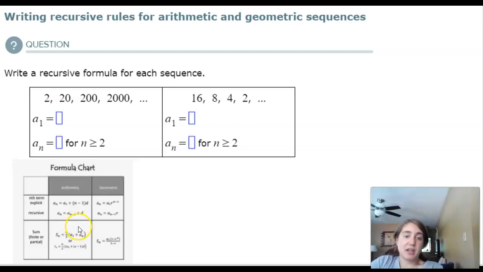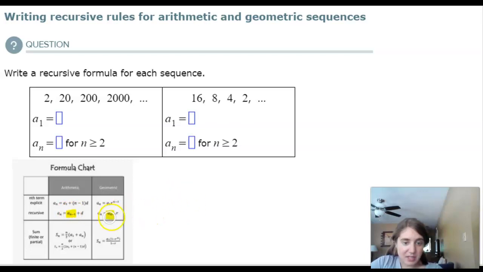This wants me to write a recursive formula for each sequence. So when it says recursive, it's referring to this idea of n minus 1.